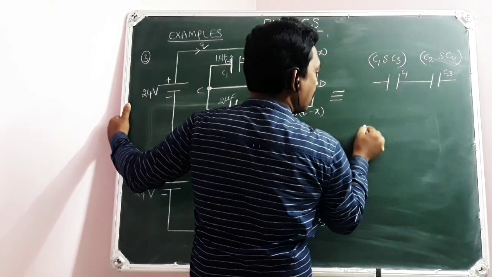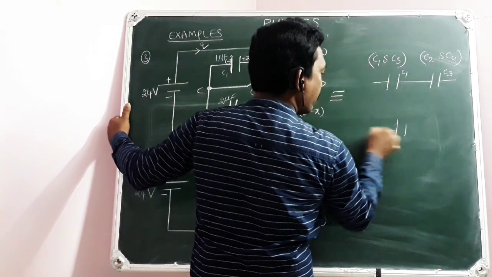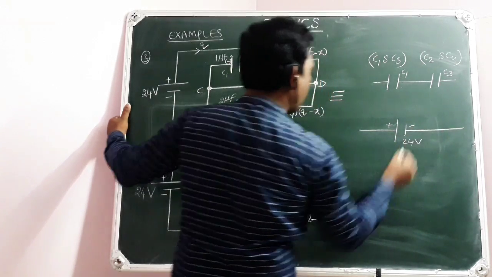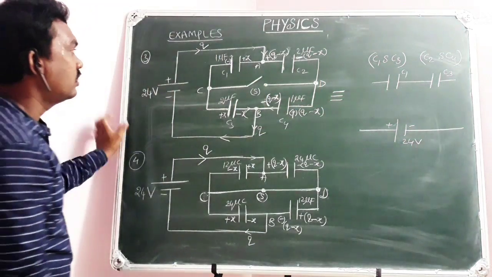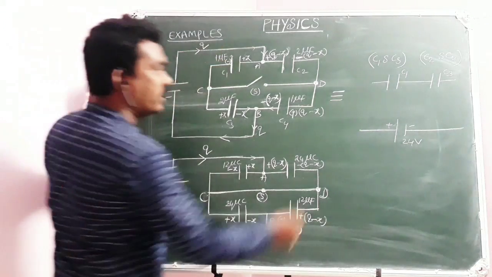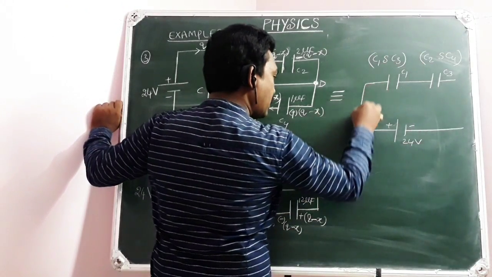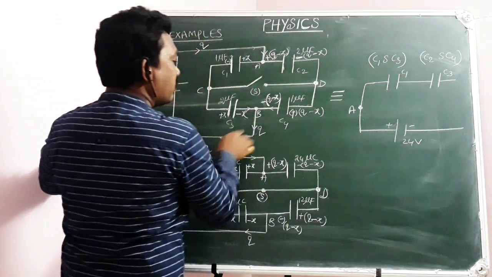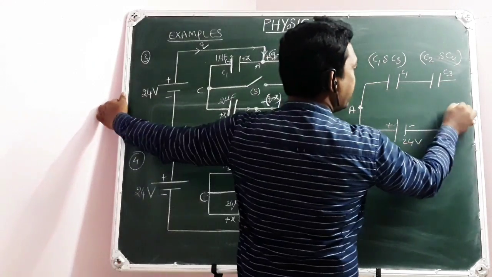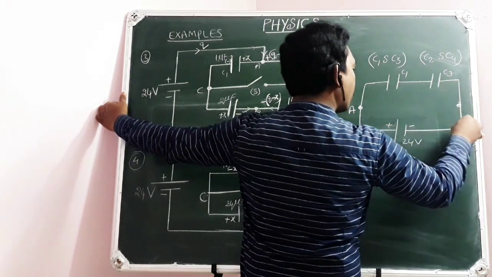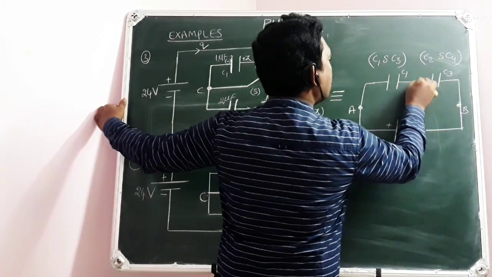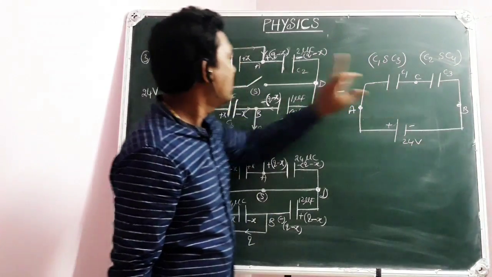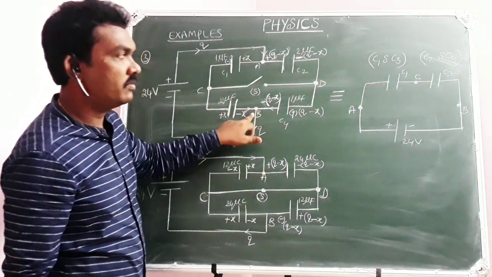Here this is the positive terminal of the battery, and here the negative terminal of the battery, whose voltage is 24. The positive terminal is given to A, the negative terminal is given to B, and then this is C. So C1 is connected across AC, C3 across DC.